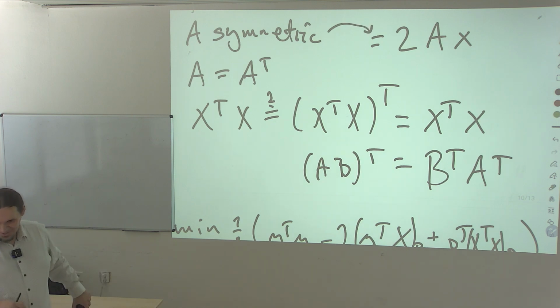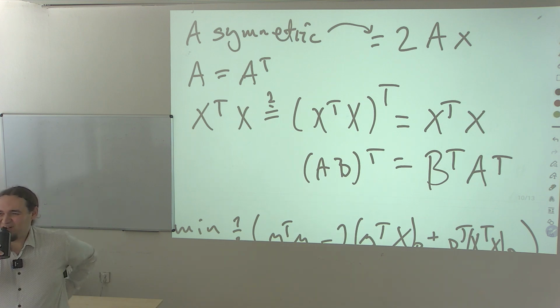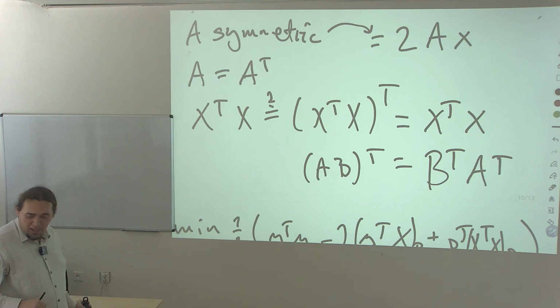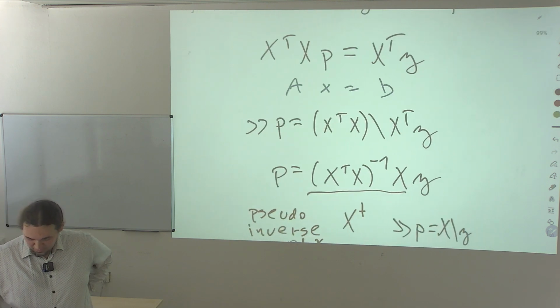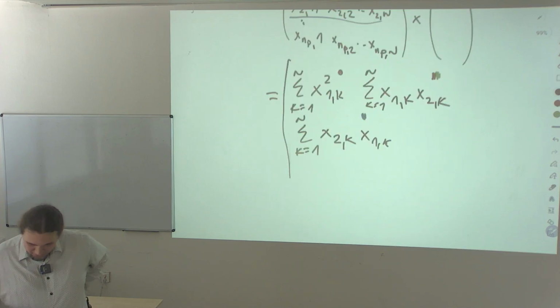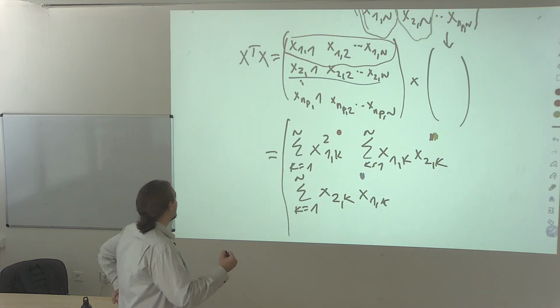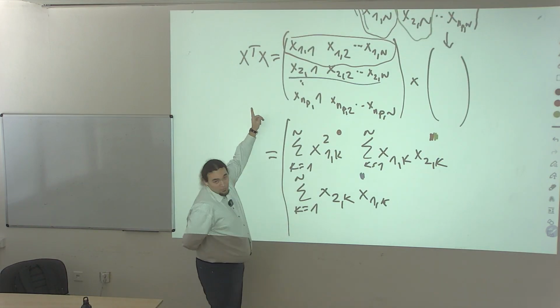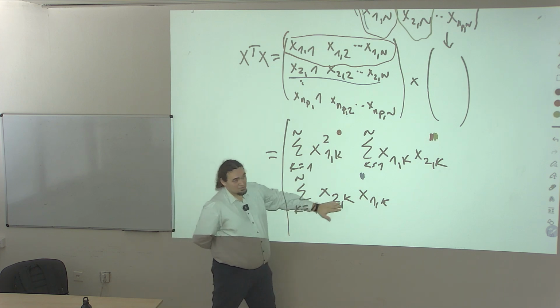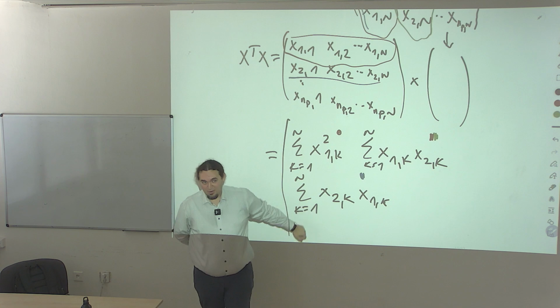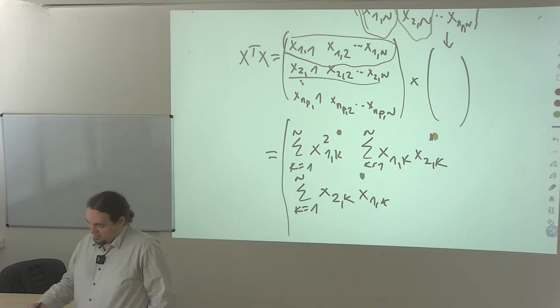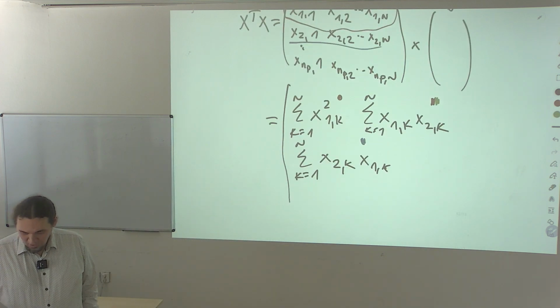Very suggestive question. Right? It shouldn't be much surprising, because we already know, we have proven it. We know that this matrix is symmetric, so whatever happens above the diagonal should have its mirror image under the diagonal.